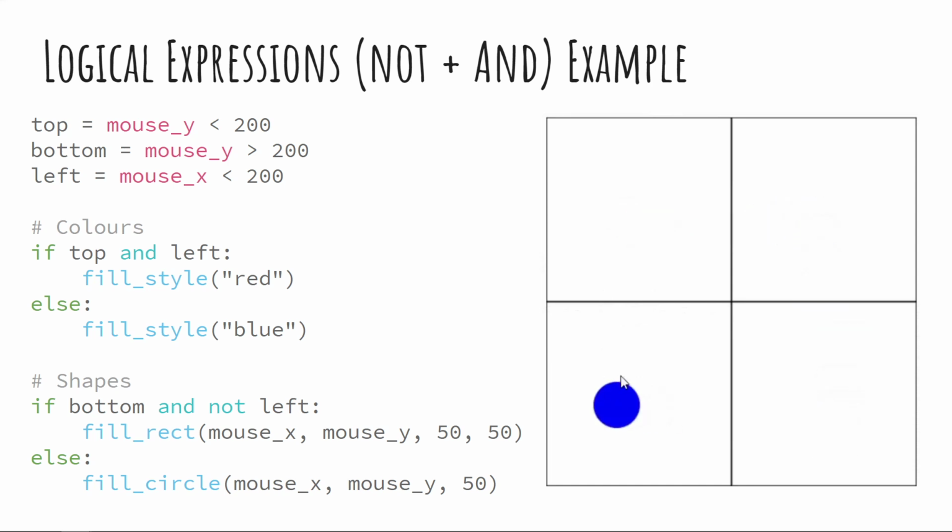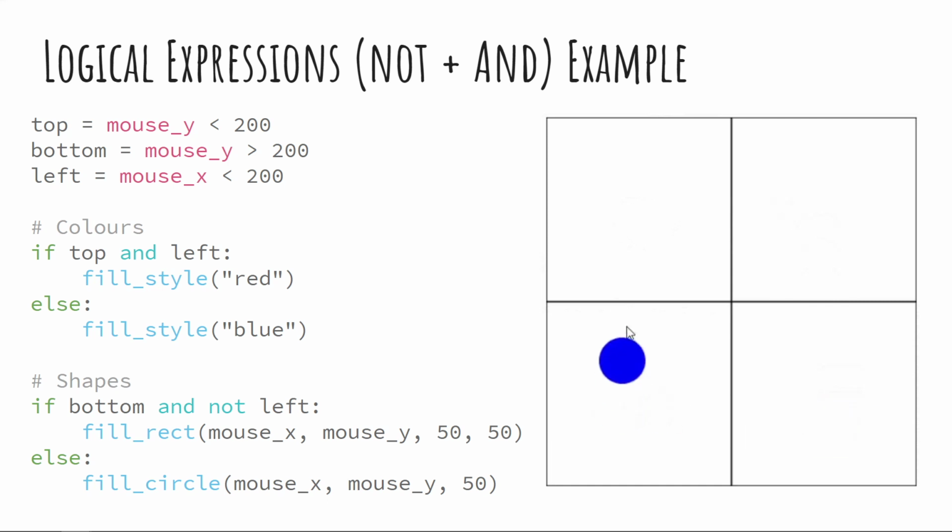And so that will be true if we're in the bottom half of the screen. And then we set up the Boolean variable left, and that will be true if mouse x is less than 200, which means that we're in the left half of the screen. And we say if top and left, fill style red, else fill style blue. So we'll fill in with red in the top left and blue everywhere else.